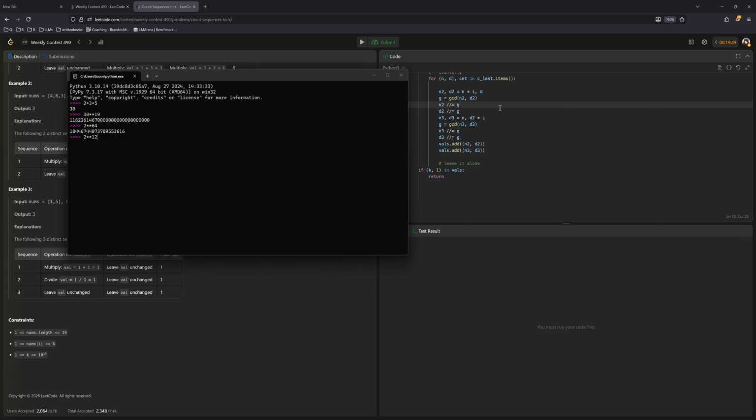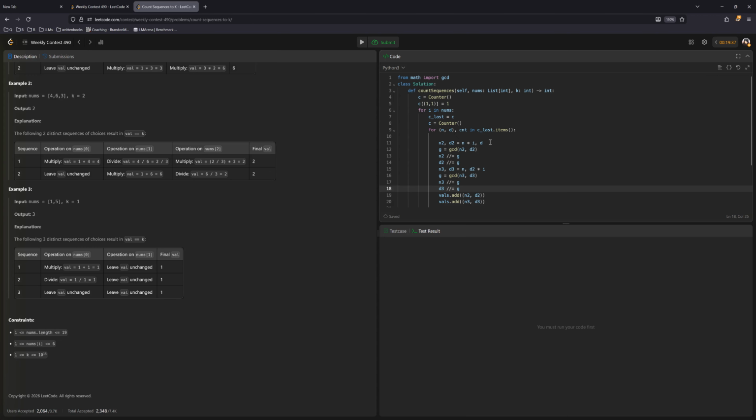Big ass number. Okay, it's not that crazy though. This would allow us to use integer division, right? Yeah. So we're going to say multiplier equals that. And C of multiplier equals 1.